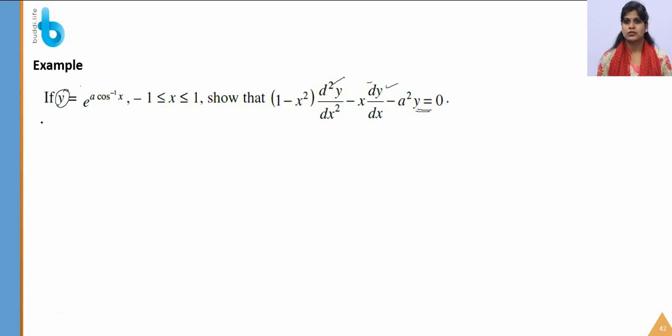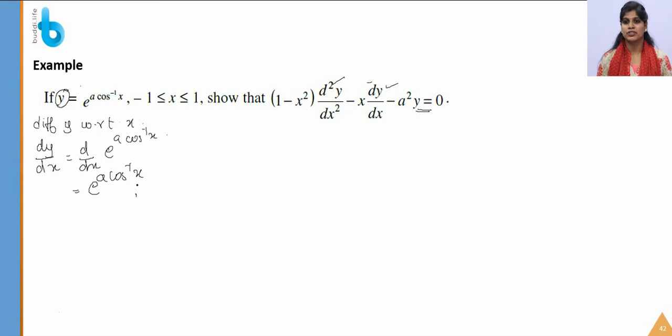Okay. So differentiate y with respect to x. What you will get is dy by dx equal to d by dx of e power a cos inverse of x. Okay. Now differentiating e power a cos inverse of x, it is e power a cos inverse of x only.